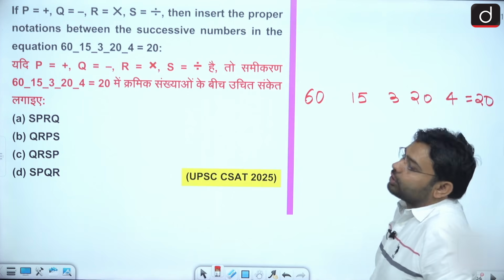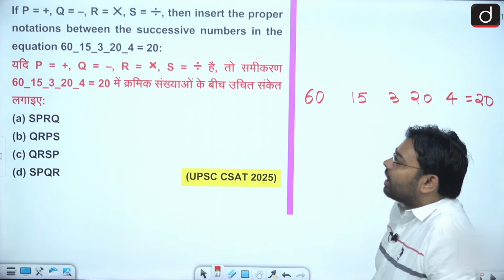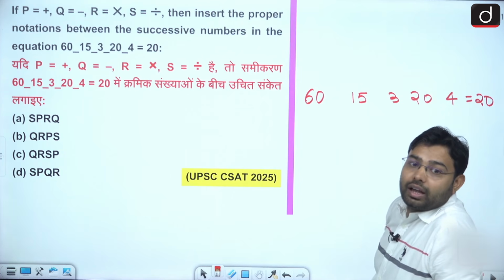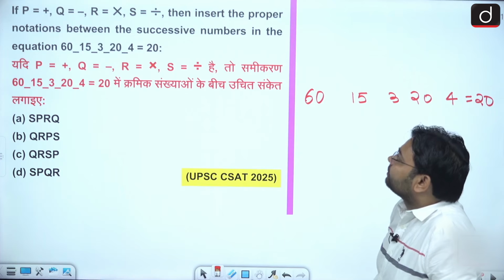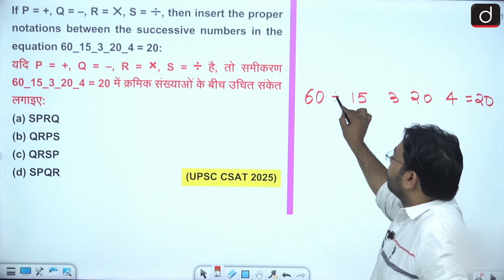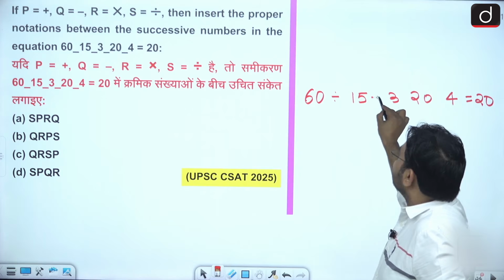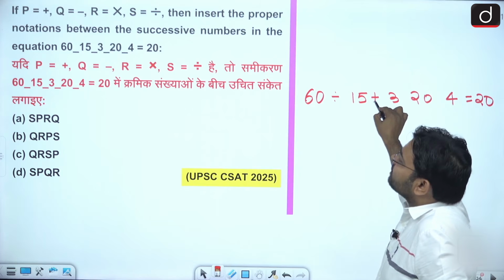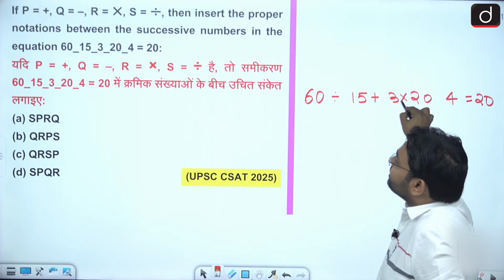If you consider the first option, this is SPRQ. S means divide, P means plus, then R and Q.